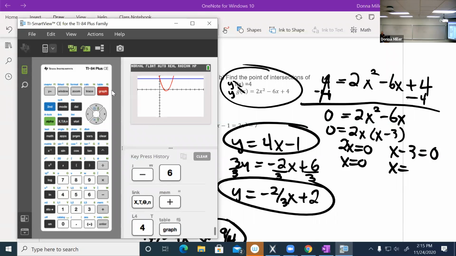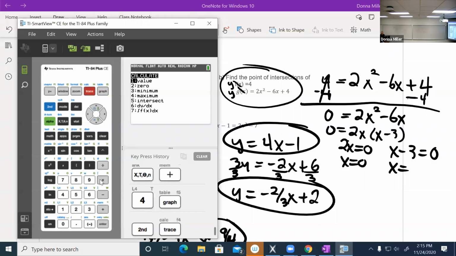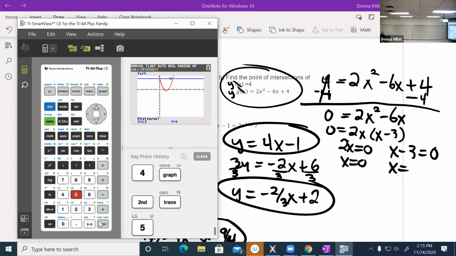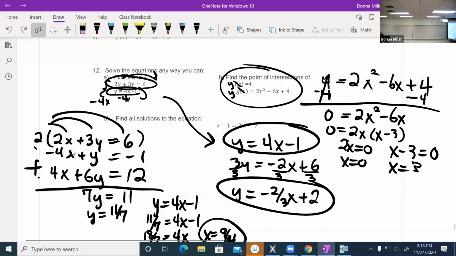If I hit graph, all I needed to do is just go find those intersection points, second trace, intersect, 5. Enter, enter, enter, and I get 1 at 3, which is a solution, right? I just never wrote it.